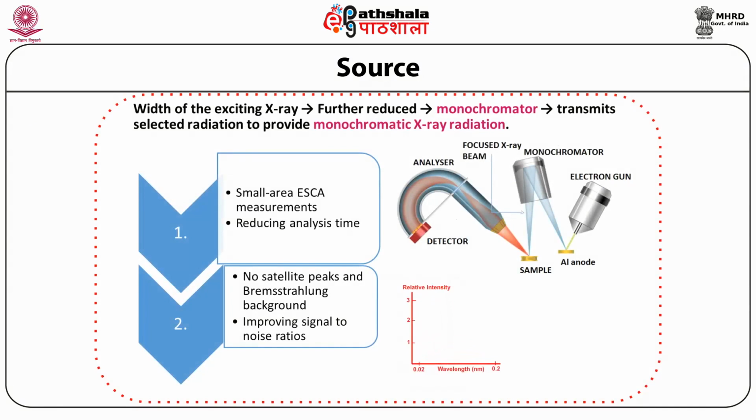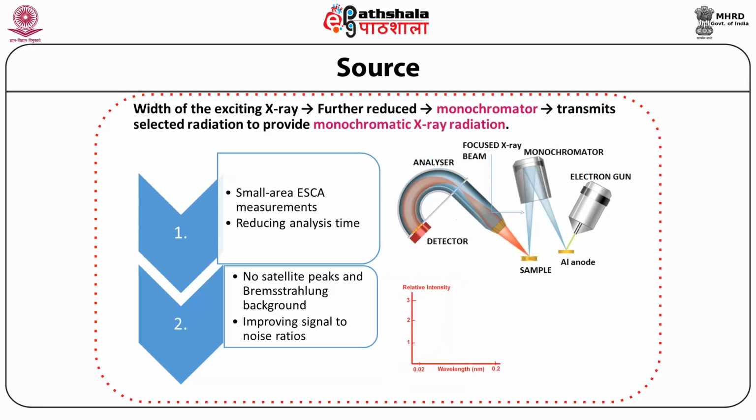The width of the exciting X-ray is further reduced when it passes through a monochromator, which transmits selected radiation to provide monochromatic X-ray radiation. There are two advantages. One, small area ESCA measurements and reducing analysis time. Second, we have no satellite peaks and Bremsstrahlung background, improving signal to noise ratios.